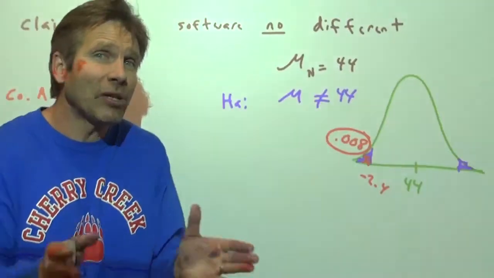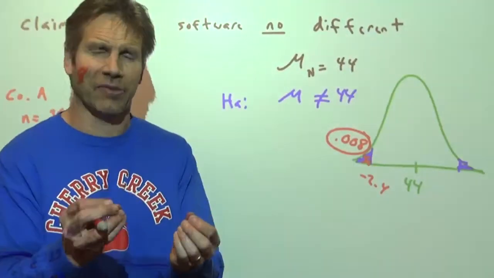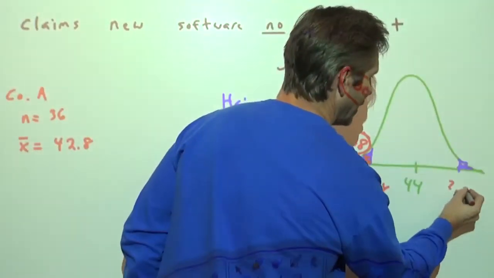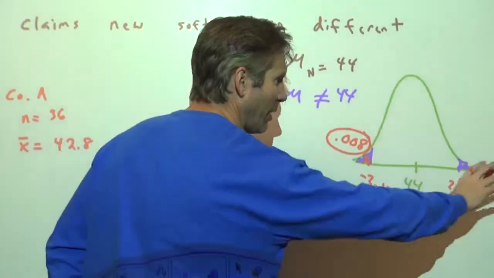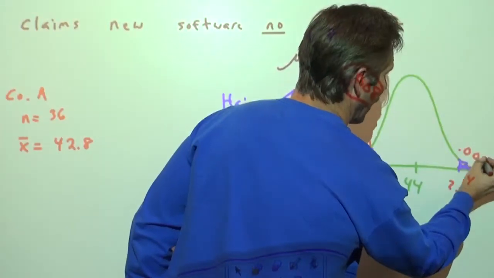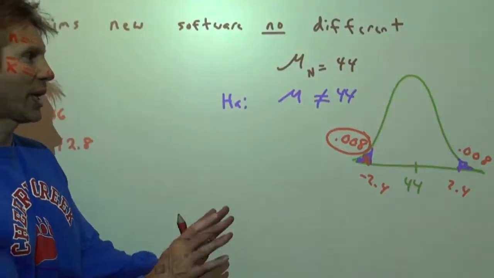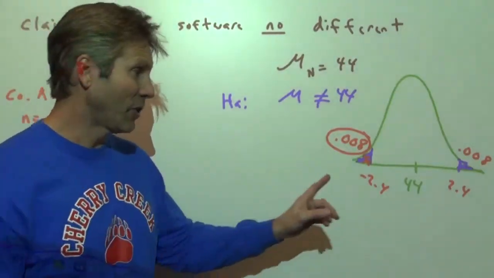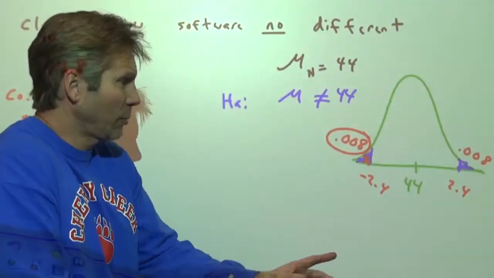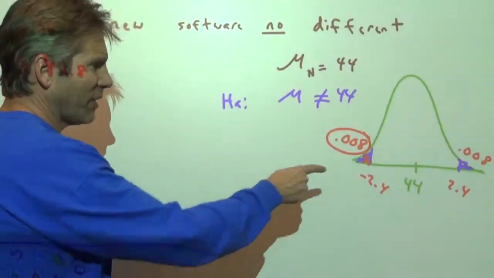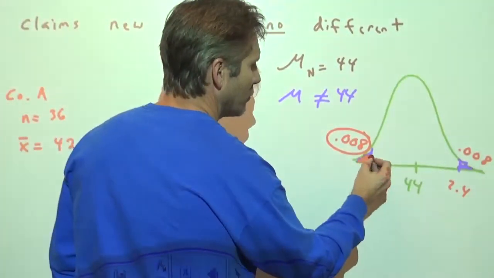Hey, if it's just happening due to random chance anyway, and it's tempting us to go with the alternative, then it could have just as likely been at least 2.4 standard deviations above the mean, which would also have a 0.008 chance of happening. So to calculate the p-value, the null is still true. Assume innocent until proven guilty. Assume that this is true, and just pursue the probability that something like this could happen just due to chance.